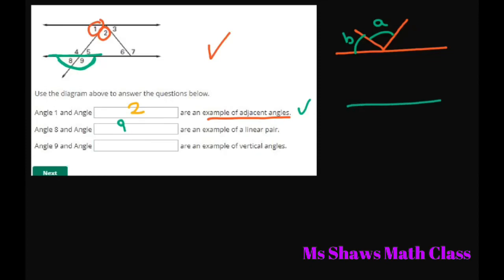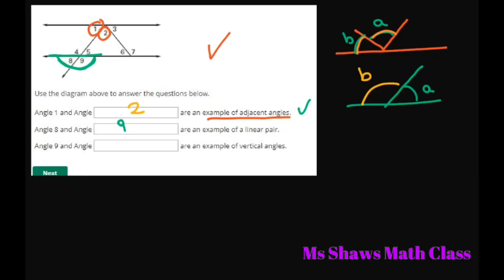So linear pair are supplementary. So this would be A and this would be B. And so that would be a linear pair. Whereas these here are just adjacent, but they don't form a linear pair.